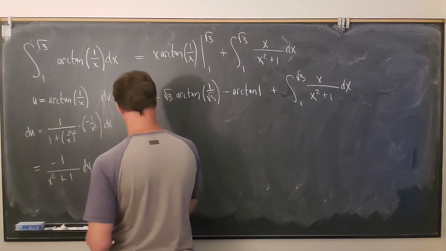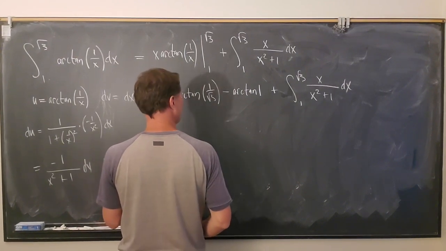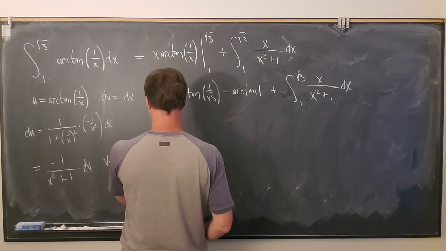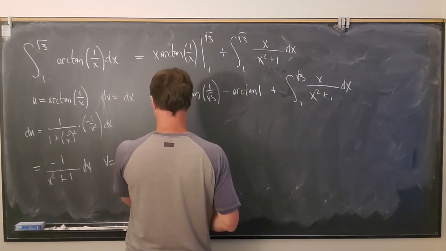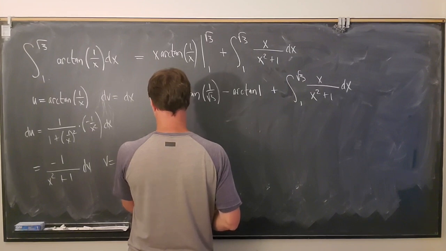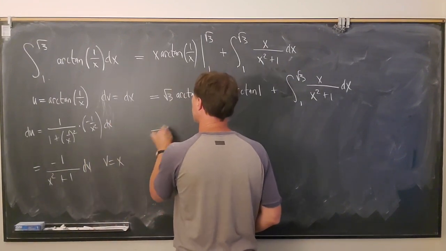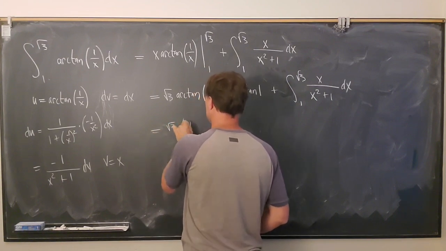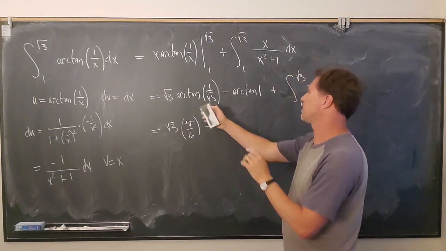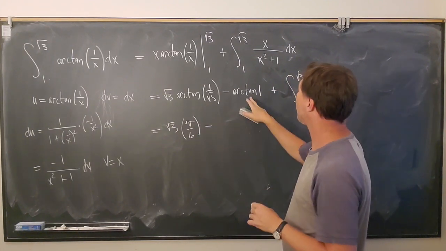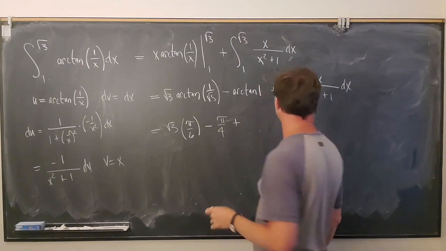No, it's pi over 6, right? Yeah, sorry, so that's pi over 6. So this will be root 3 times pi over 6. Arctangent of 1 over root 3 is pi over 6, and arctangent of 1 is pi over 4. And then we still have this integral to compute.